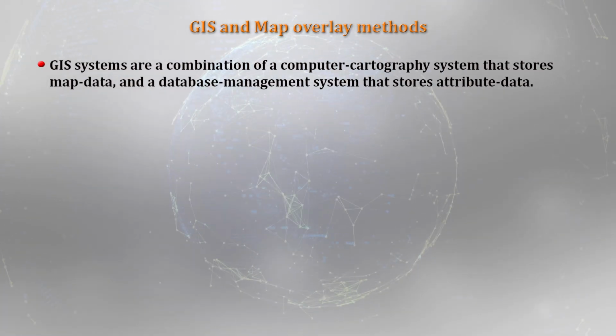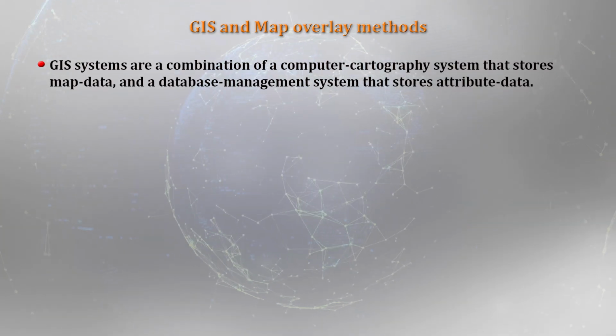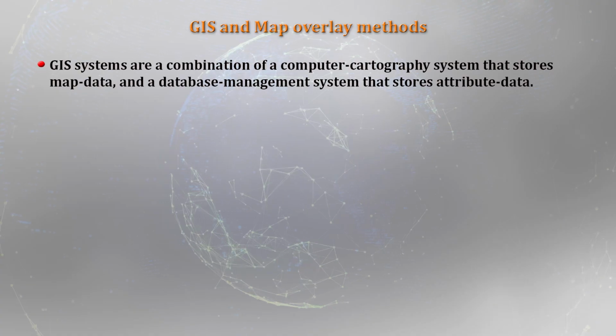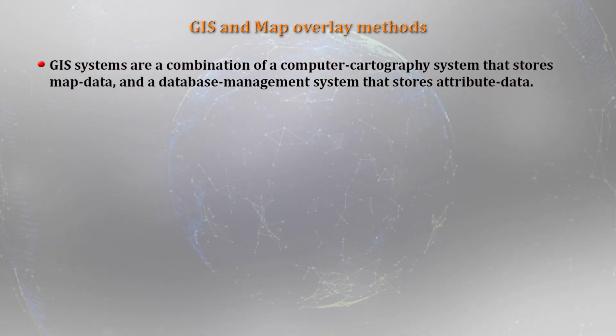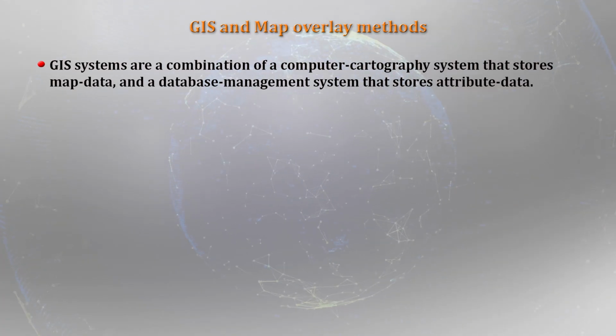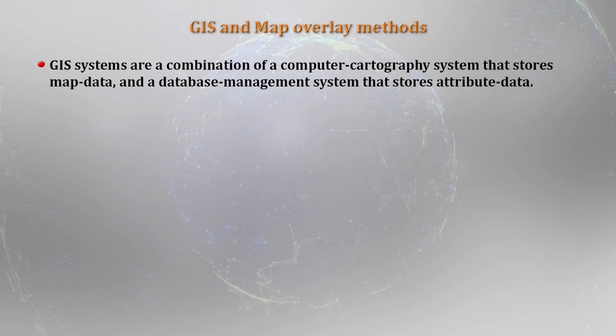When you talk about GIS as a system, it is basically a combination of a computer cartographic system that stores map data, that is, the database I talked about, and a database management system that stores the attribute data.